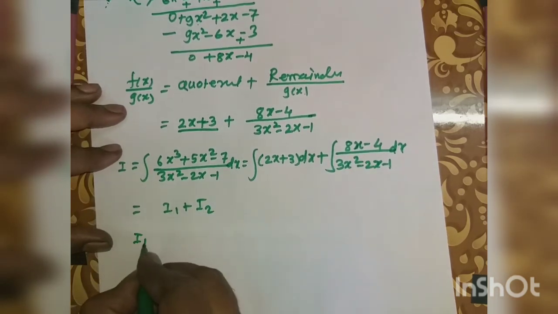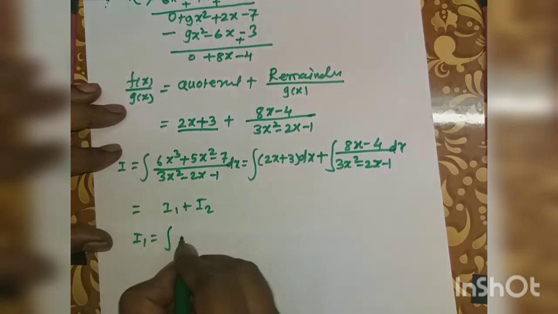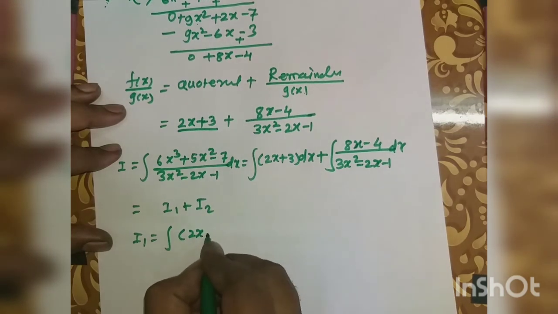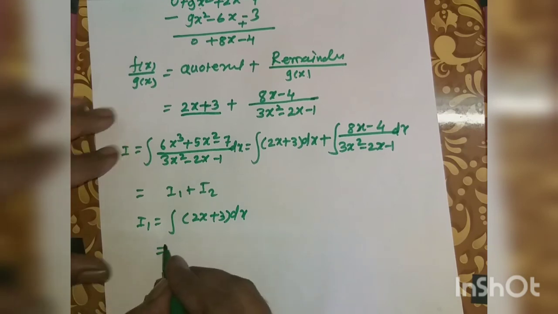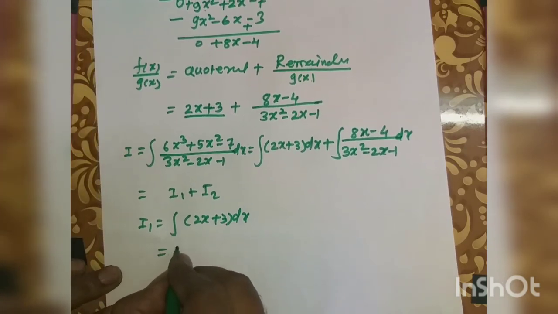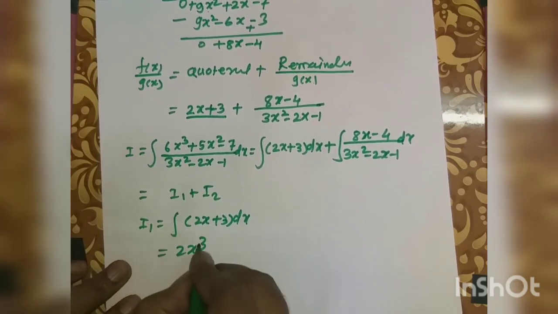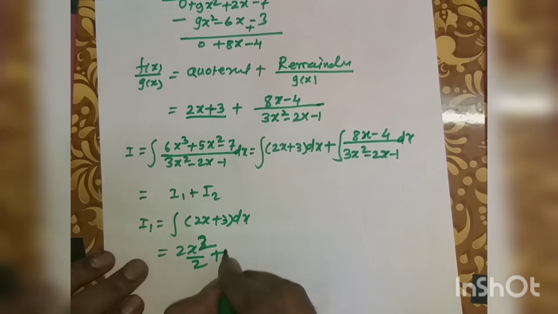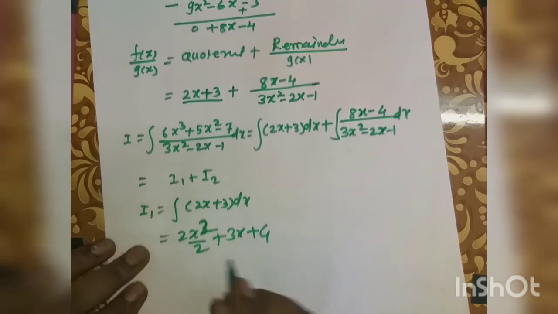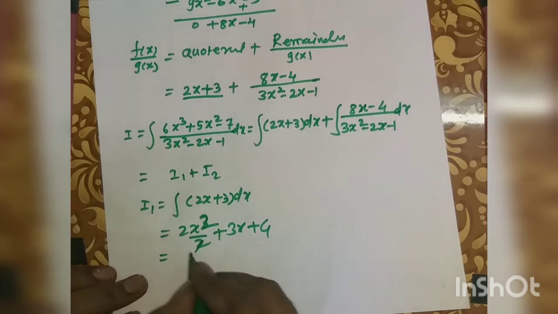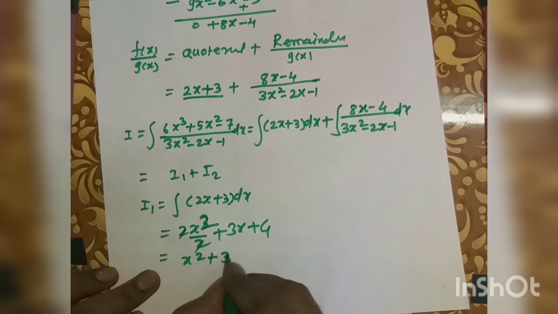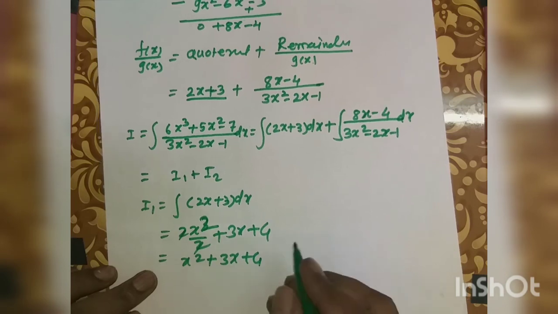Then first find the integration of I1. I1 is equal to integration of 2x plus 3 dx, which is 2x square divided by 2 plus 3x plus c1. The 2 cancels, so x square plus 3x plus c1.